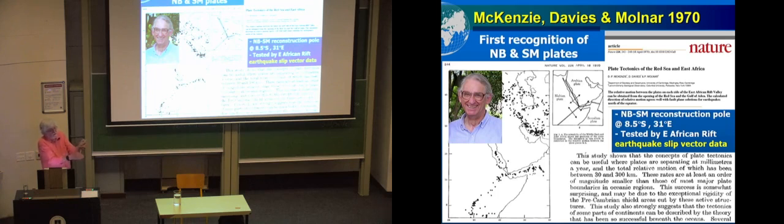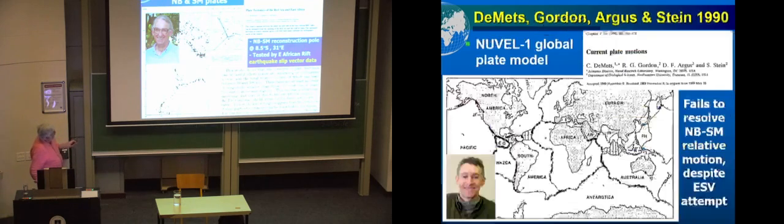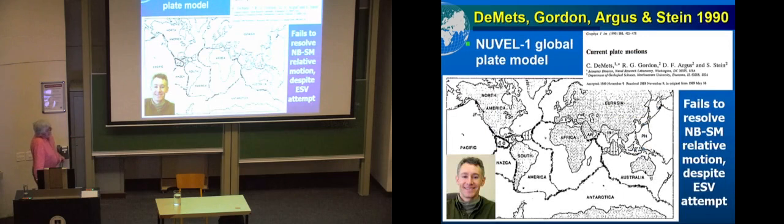If one side slips down with respect to the other, the slip vector will be in the plane normal to the strike of the fault. So Dan was among the first to use what we now call ESVs, earthquake slip vectors, wherever they are on the globe, to estimate where the rotation pole is. They will lie along small circles around the rotation pole. That was his key idea in terms of African tectonics, defining those two plates.